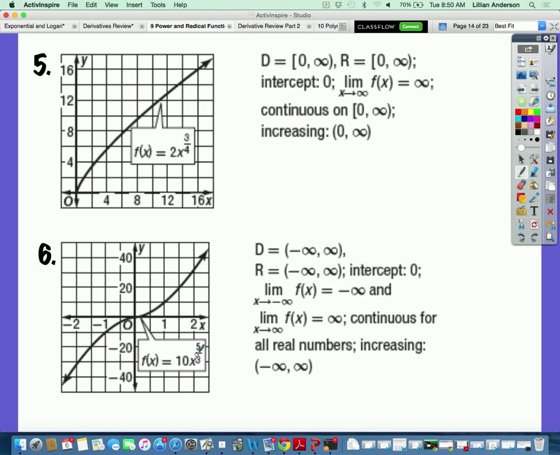And number 6, when n is odd, okay, you're going to have functions that look similar to this one, where your domain is negative infinity to infinity, just like your range. Your intercept is (0, 0). You will have left end and right end behavior similar to a cubic. It's continuous, and it's increasing the entire time. Okay?